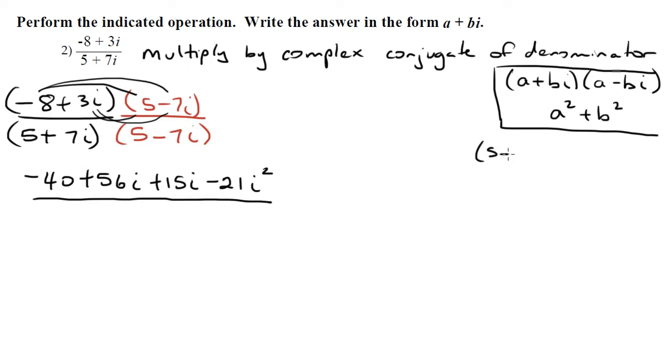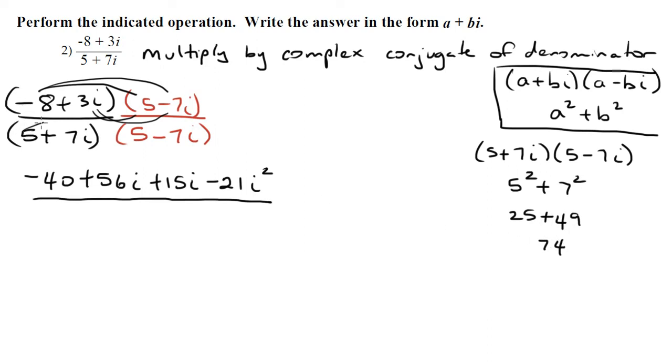I'll do it on the side here. I'm still going to multiply it out just in case we don't remember this relationship. So 5 squared plus 7 squared. It's plus because that i squared becomes negative 1, multiplied by negative 49. So 25 plus 49, that's 74. That's going to be my denominator.